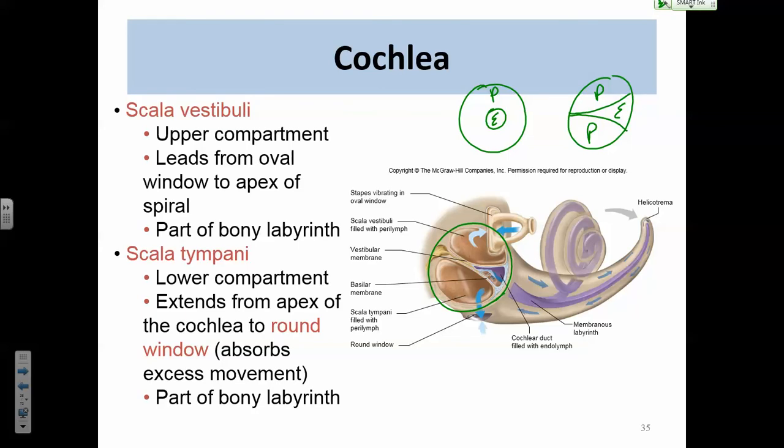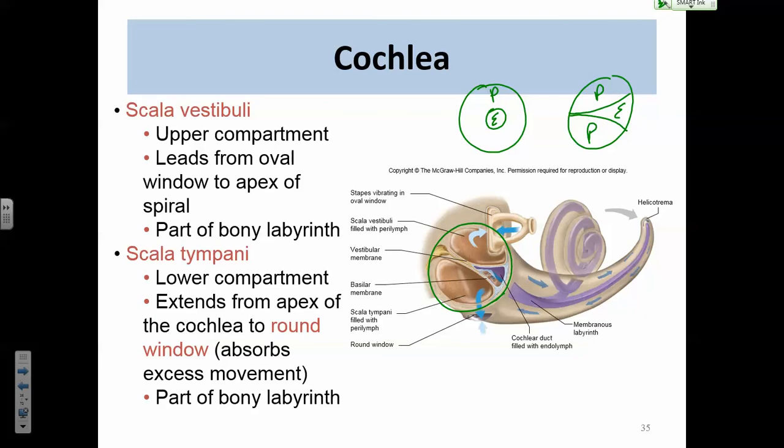The hardest thing in this chapter is visualizing the cochlea. So in lab on Thursday, we're going to look at a lot of models that will help a little bit. But the cochlea does not uncoil.